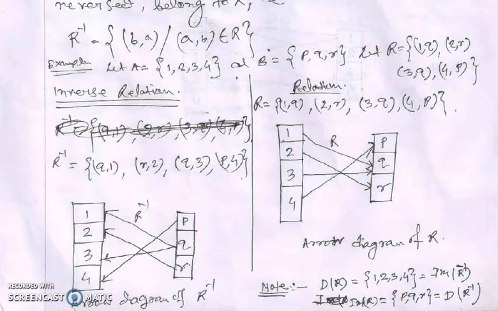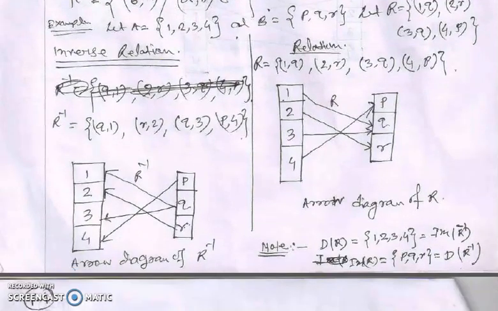So you can also note it down. You can easily observe that the domain of R should be the range of R inverse. Am I clear? The domain of R should be the range of R inverse.